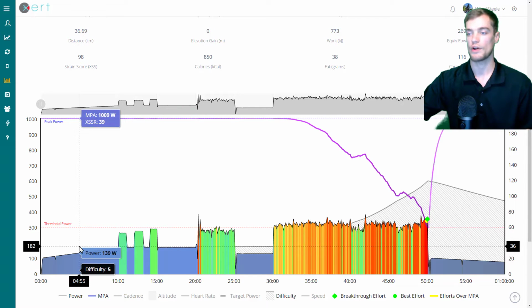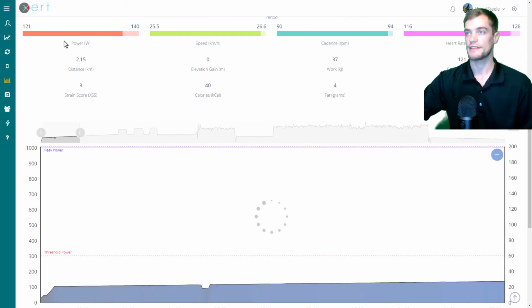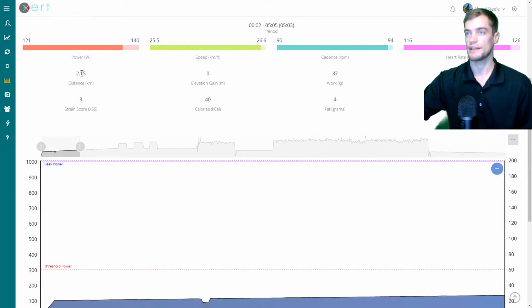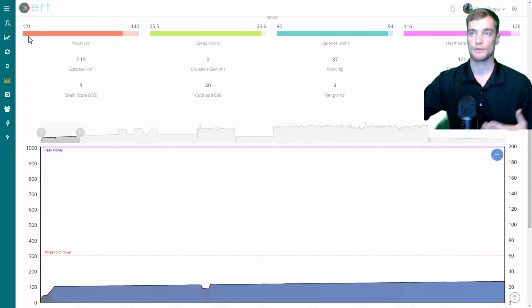If I click and drag over my 5-minute segment here, you'll see that the numbers update, and you can see that my average power for the segment was quite low. Obviously, I was just warming up, and so I was awarded 3 XSS from that first 5 minutes of pedaling.